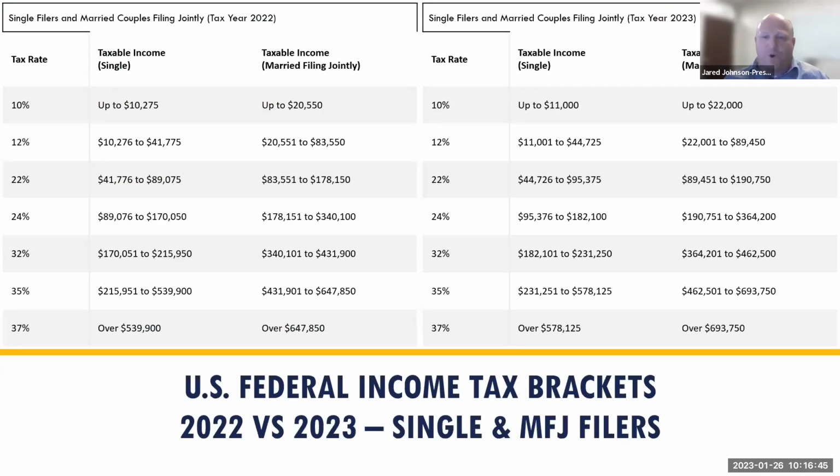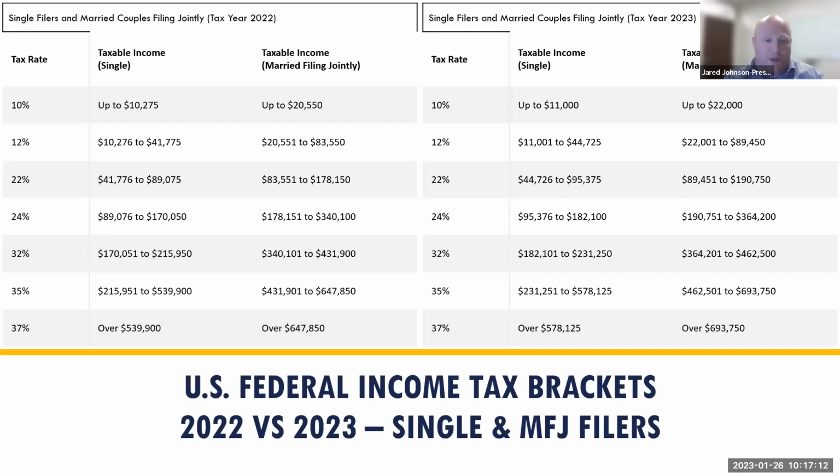I just put this up for illustration, to show you what the U.S. tax rates are. There are two tables here, one for 2022 and one for 2023. If you're interested, you can look at them. Our highest marginal rate is 37%.